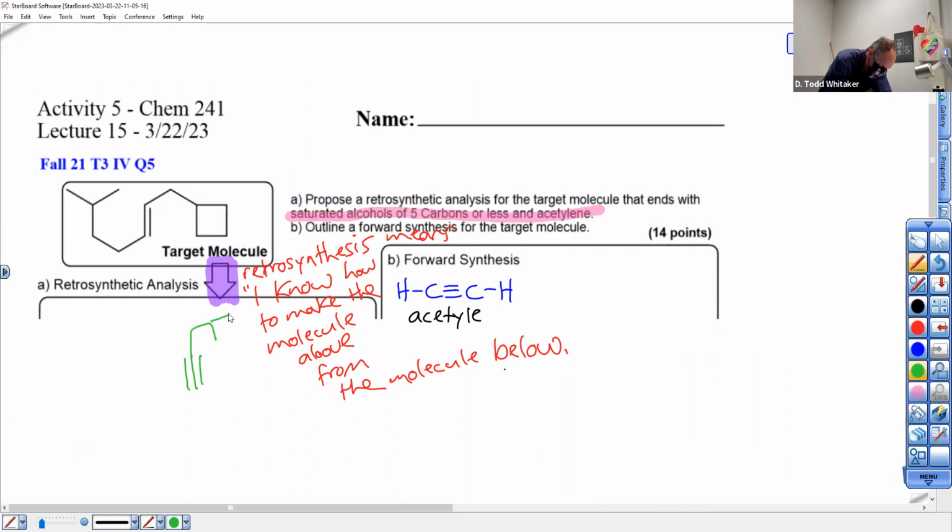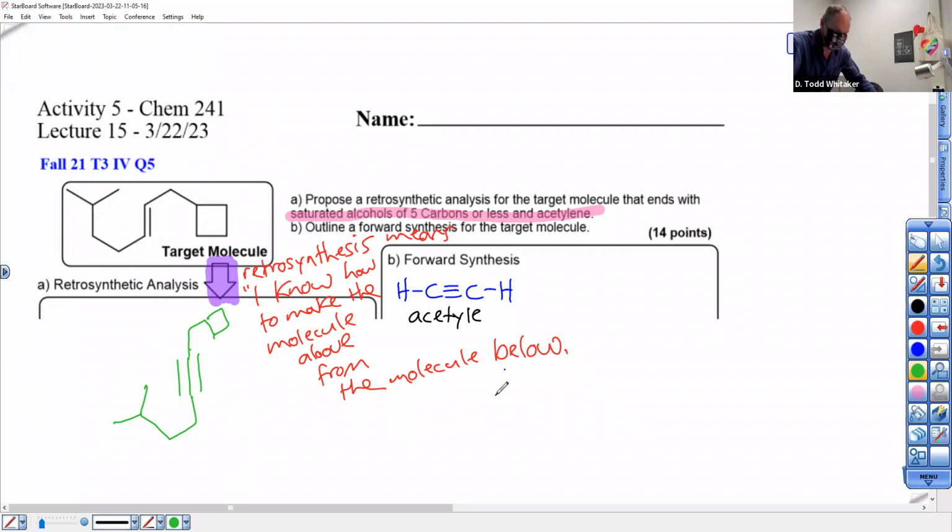CH2 goes to a box. 1, 2, 3, 4 with a V. I didn't draw that very well. Oh, wow, that's harsh. CH2 with a box. I just want to draw it nice. 1, 2, 3, 4 with a V. I know how to make this alkene from this internal alkyne.